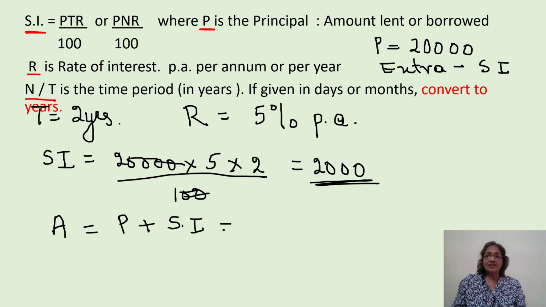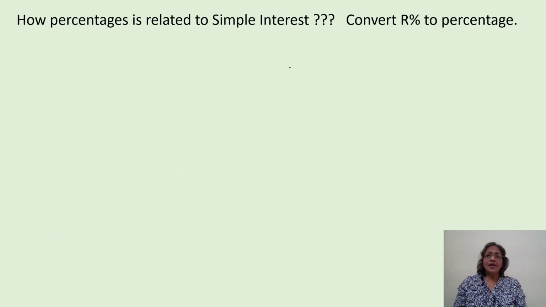So in this case, it is going to be 22,000. That is 20,000 plus the interest. All right.